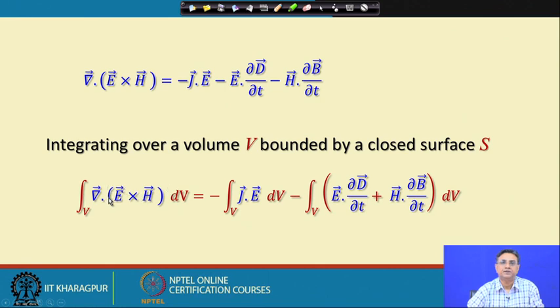So, we can write this equation. If we integrate over this volume, we can write this equation: integral of del dot E cross H dV is equal to minus J dot E dV minus E dot del D del t plus H dot del B del t.